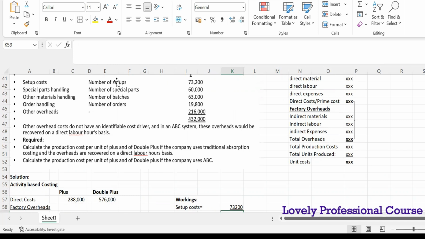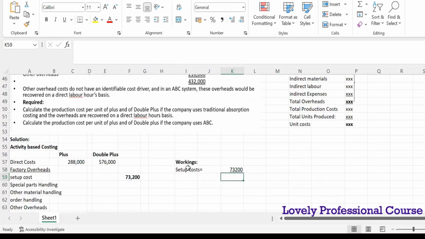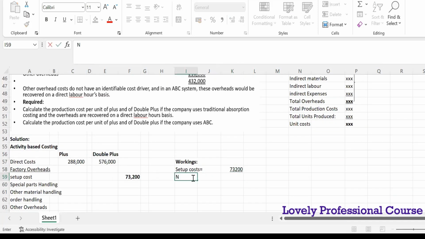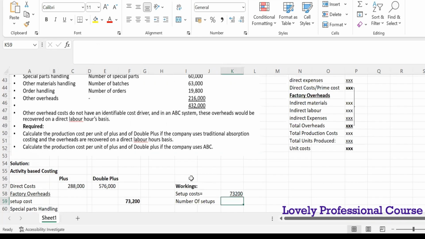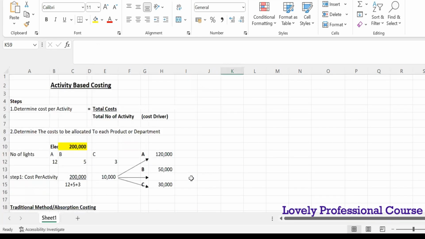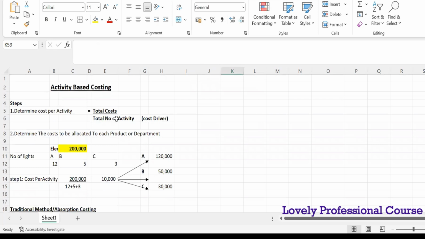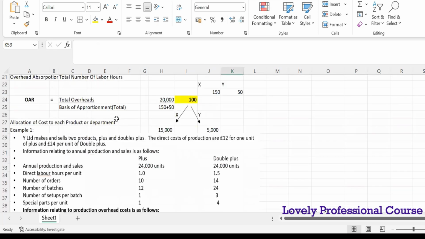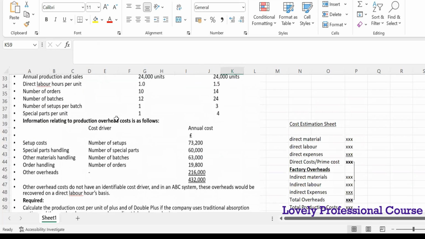So I need to use the number of setups as my cost driver, as my number of activity. Now we need to get the total number of setups, because when you look at this formula, it is total cost divided by total number of activity. So our activity is going to be this cost driver, which is the number of setups.